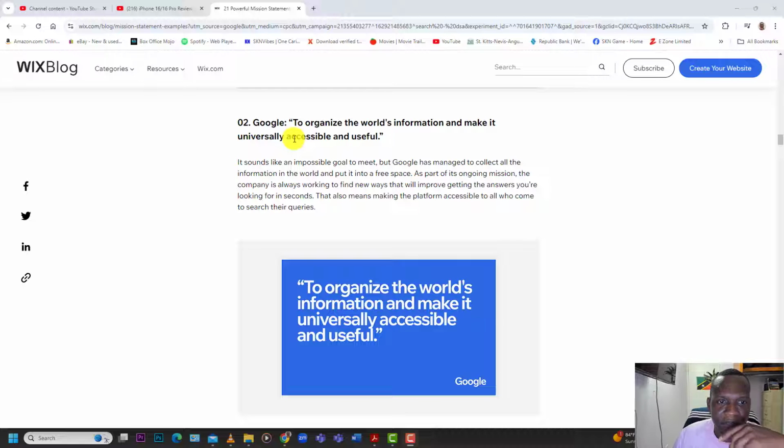Let's look at some of these vision statements from some of these companies, like Google. Vision statement: to organize the world's information and make it universally accessible and useful. That's their vision. That's what they want to do ultimately. Organize all the information in the world and make it universally accessible and useful.